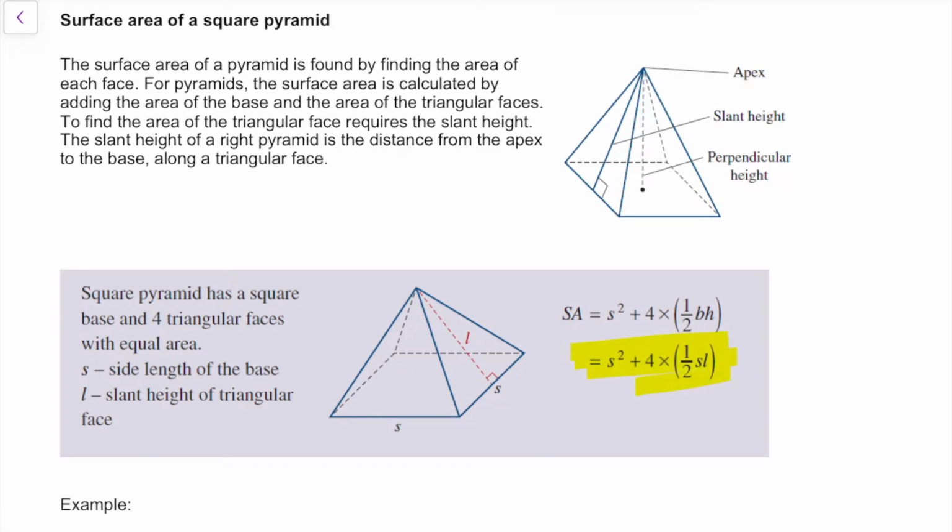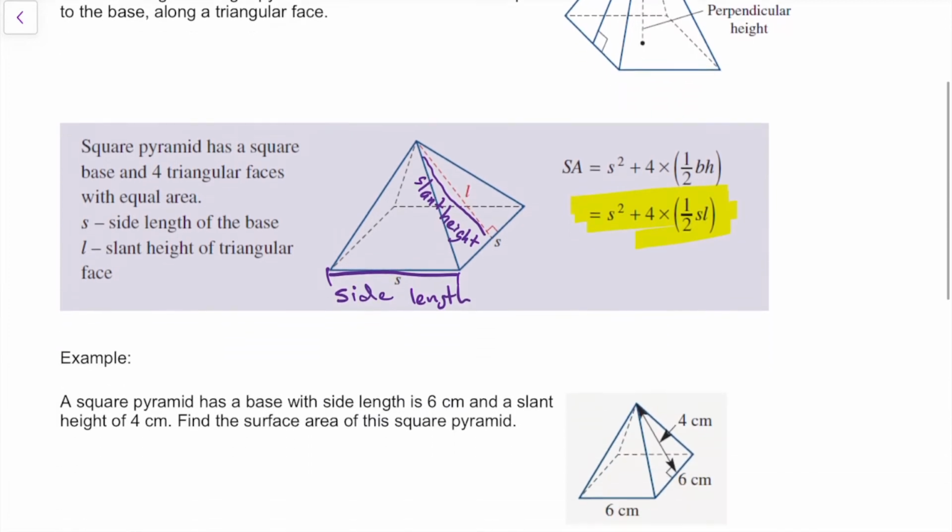We want the side length of the base, which is this bit here. And then the slant height of the triangular face, because they are all the same in a square pyramid, is this bit right here. This is what we're going to use to solve our problems involving square pyramids.